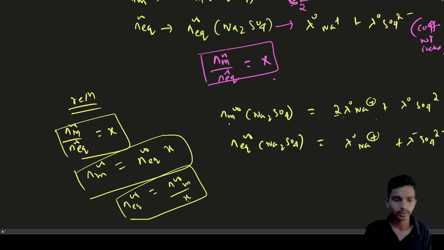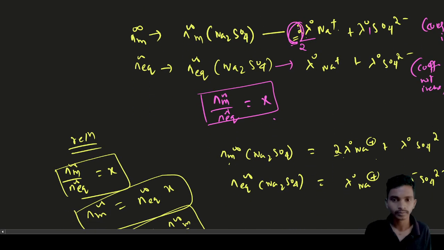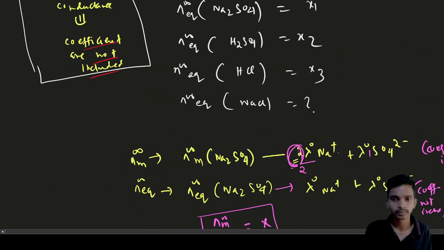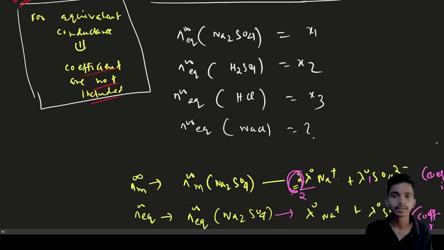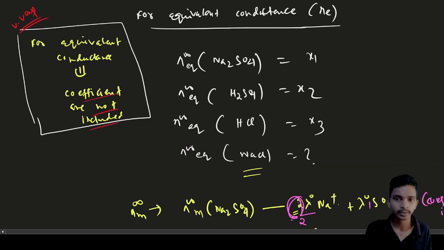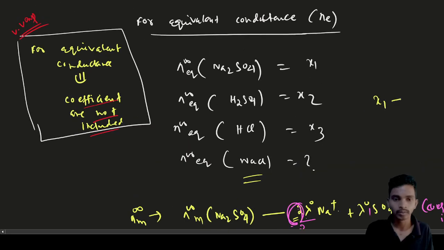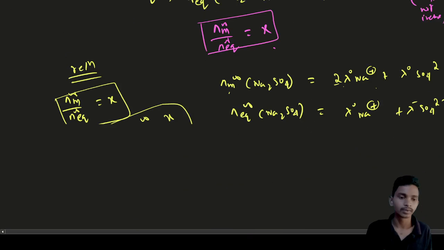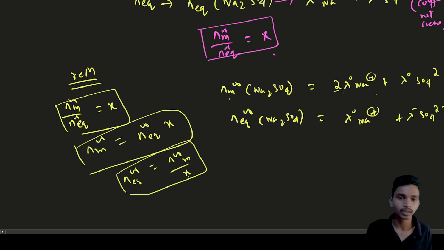This is for x1. Now I want to find NaCl. If I add x1, and Cl I will get here, so I will add x3, and subtract x2. No need for coefficients when you add.